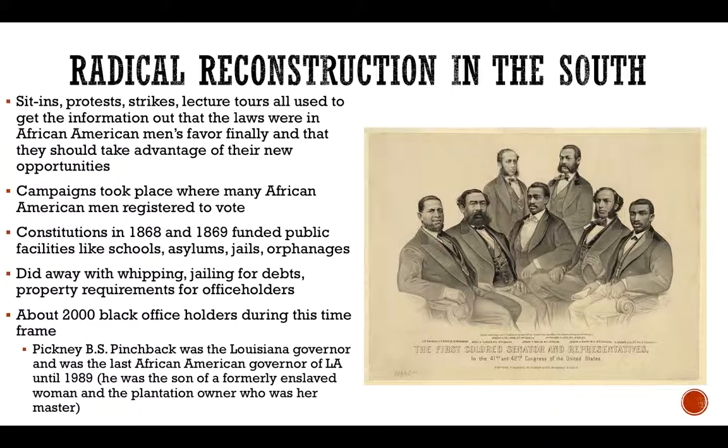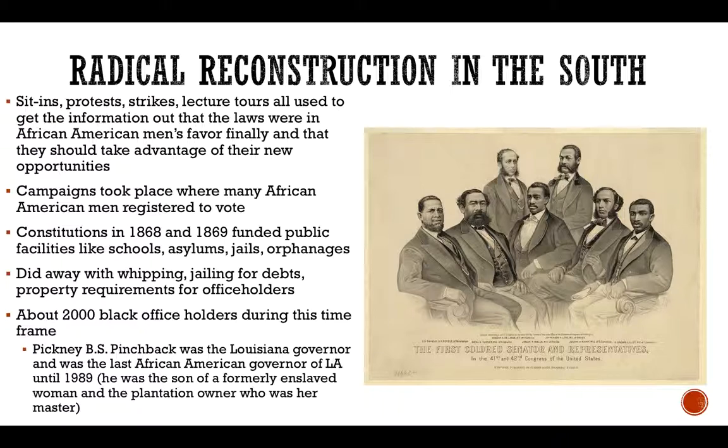What Radical Reconstruction also did was do away with whipping and jailing for debts and property requirements for office holders. So you did not need to own property in order to take public office. And about 2,000 black office holders took office during this time.